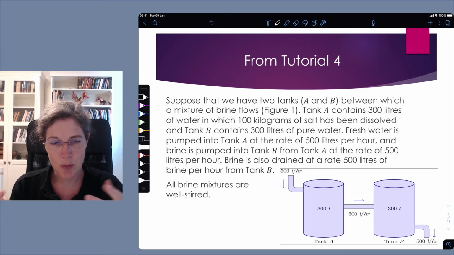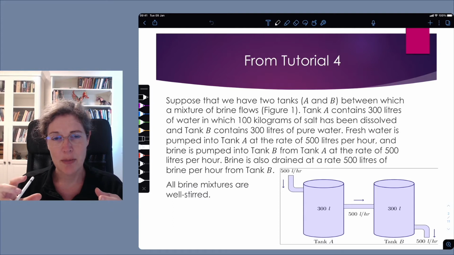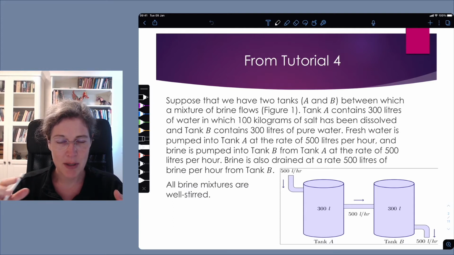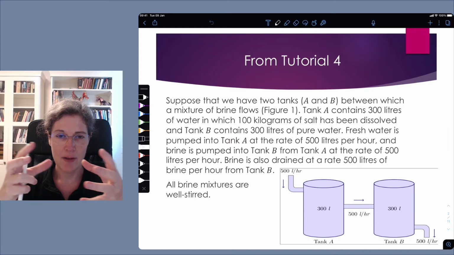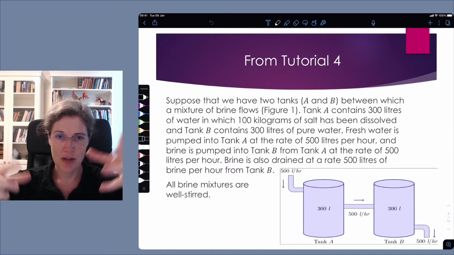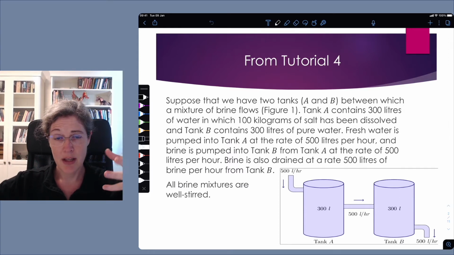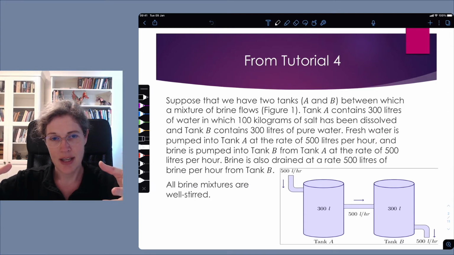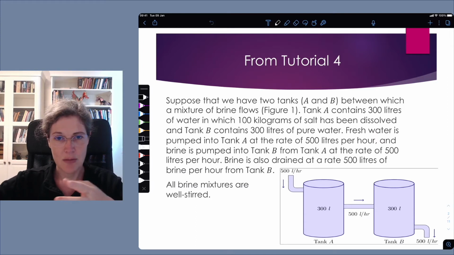And we're assuming at all points that the mixture is well mixed, so we don't have salt down at the bottom. This is a simple situation, but it might crop up in a more complicated version if you have multiple chemical reactions and things moving from one system to another, and you want to figure out how much of a particular reactant there is in each system at a given time.